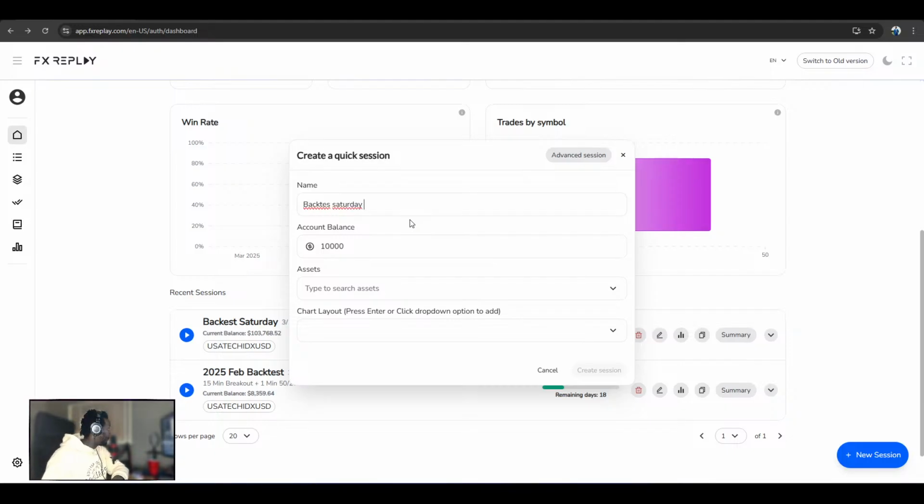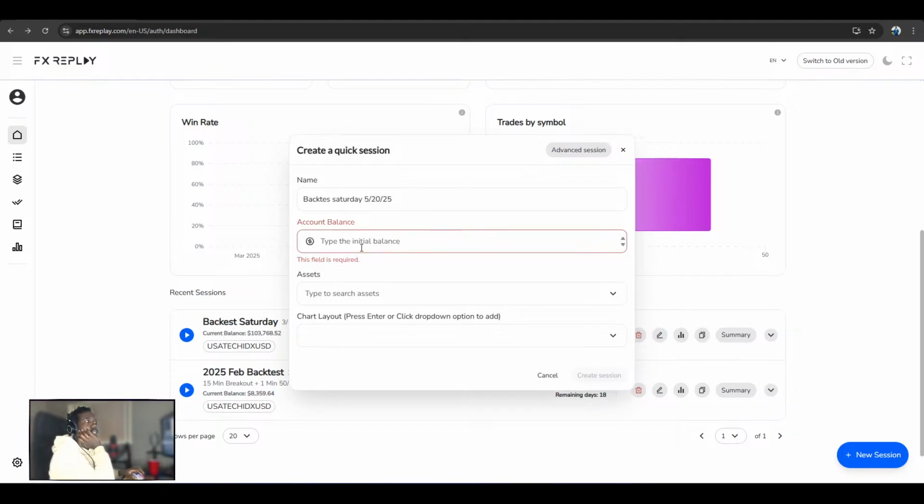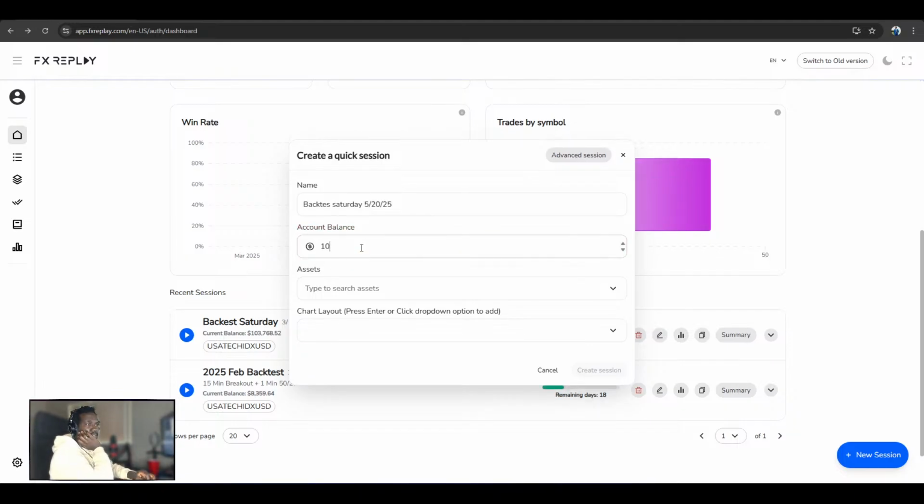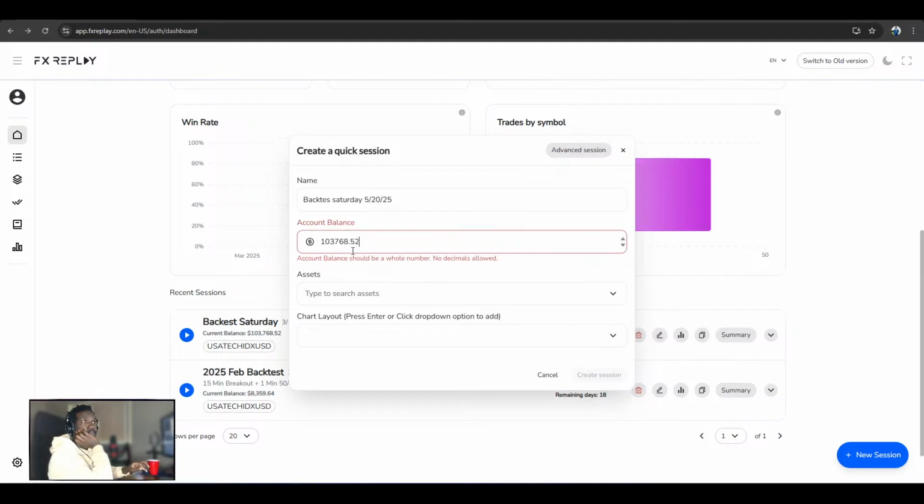It's the 4th of March, 10/25, and for the balance, we're gonna start from 100k. No, what I'm gonna do is find out what the one that we have right now is: 103k something, 103,768. So let's just go on from there. 107.52. Okay.